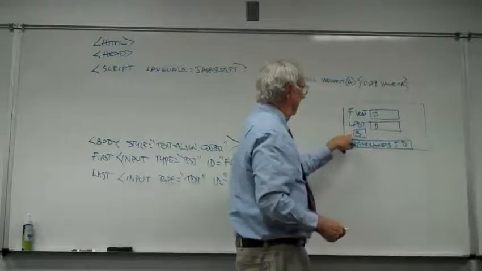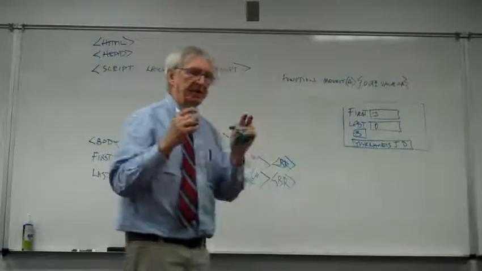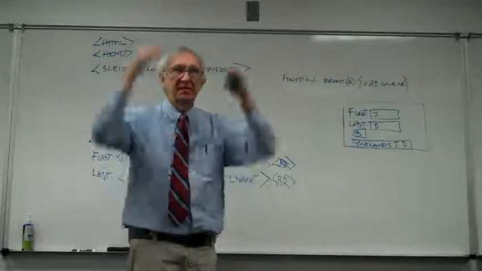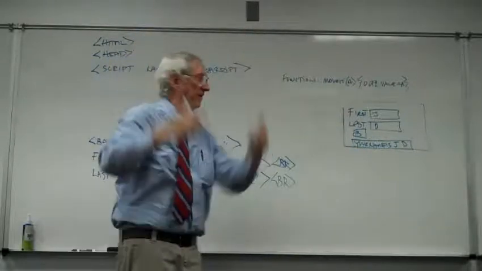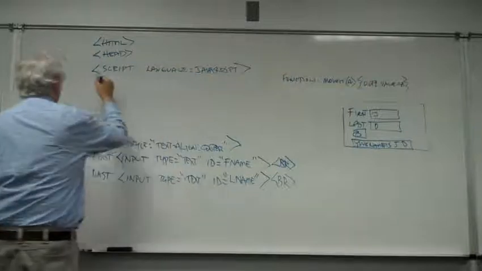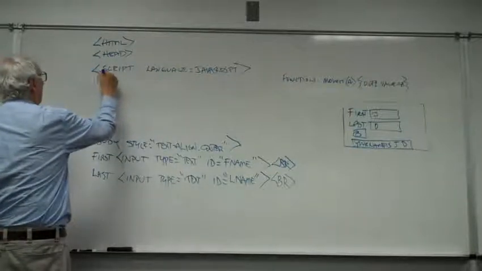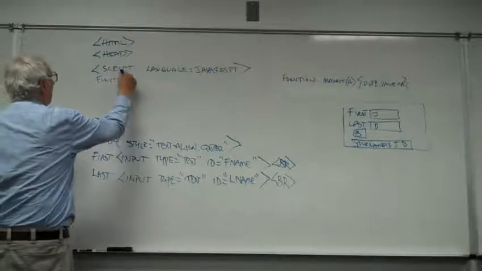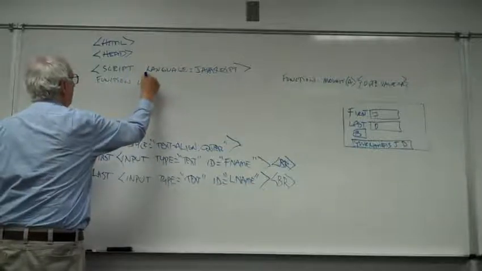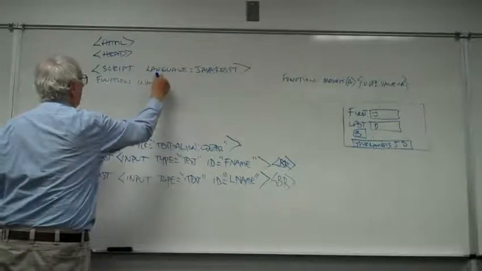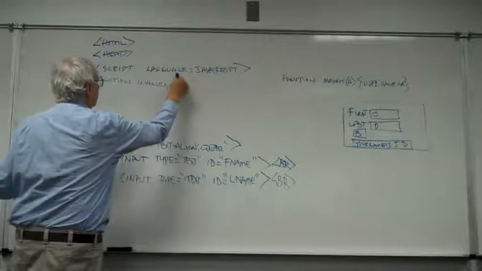Now there's the button right here. I got to put the button in. It's got to send both the first and the last name up to the program, the function. I'm going to call this function, how about wholename? Weird name, but that's it.